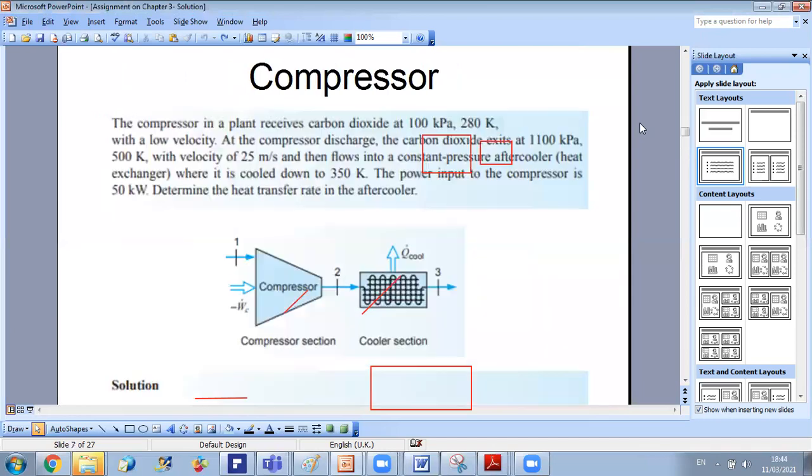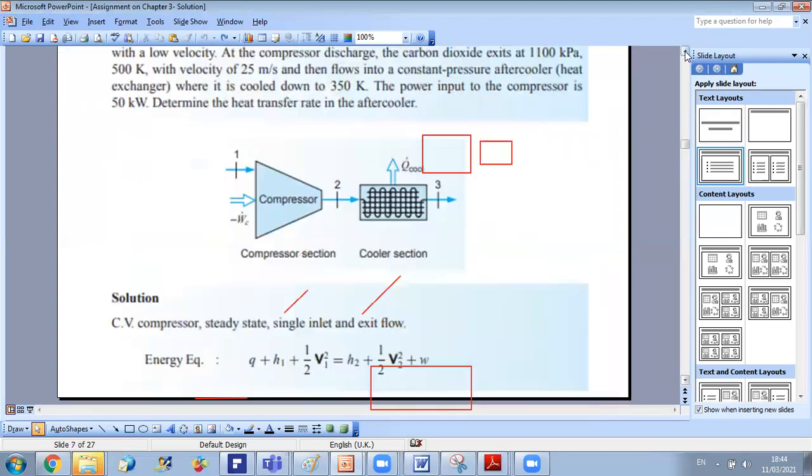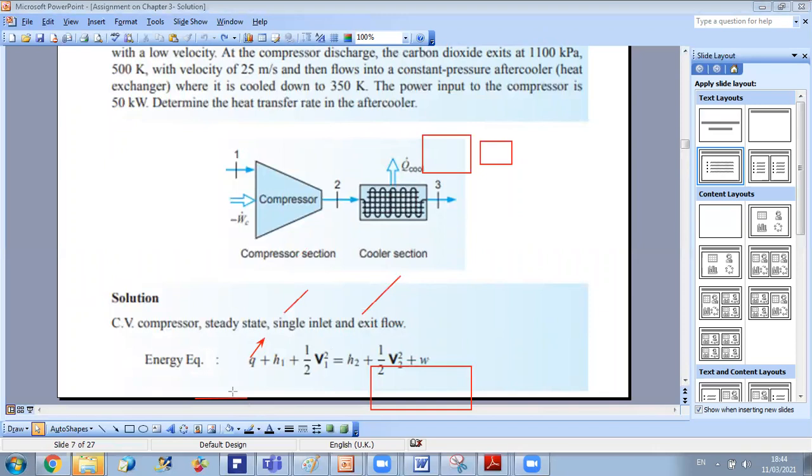So if you go back to the general energy equation, you have Q on the side of inlets and W on the side of outlets. Because if you provide heat, Q is positive, so you gain energy, and this term will increase.